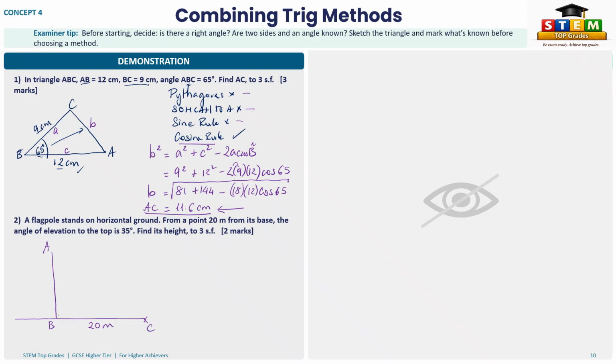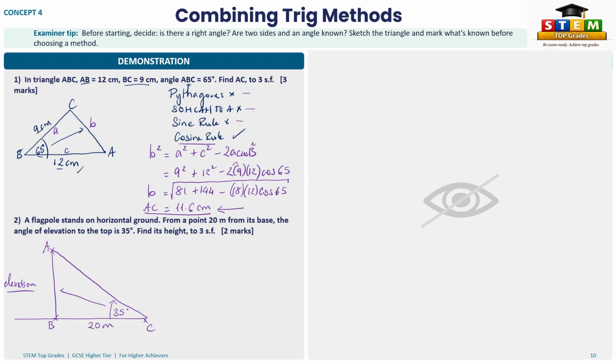Let's call that point C. And then we're looking upwards. That's why we use the idea of elevation to look at the flagpole. So from the base, the angle of elevation to the top. So looking to the top, it will be that way. So 35 degrees.